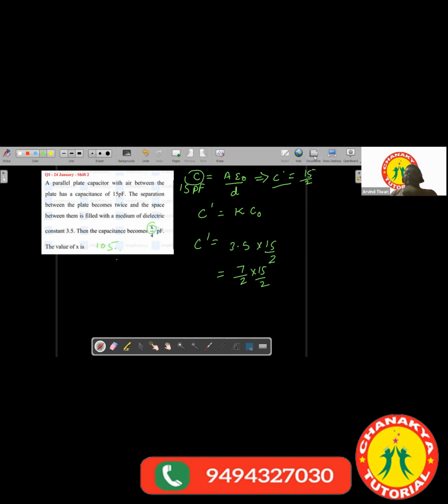You will also have two dielectrics filled between them. We'll see. Let us see another one.